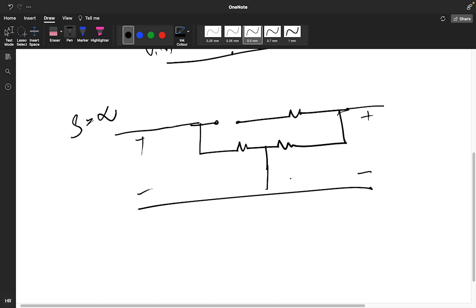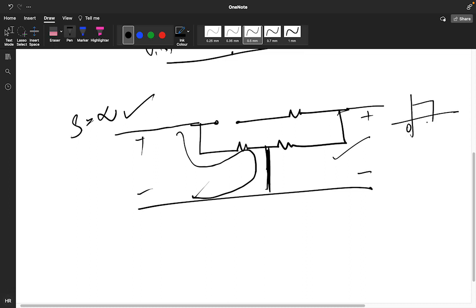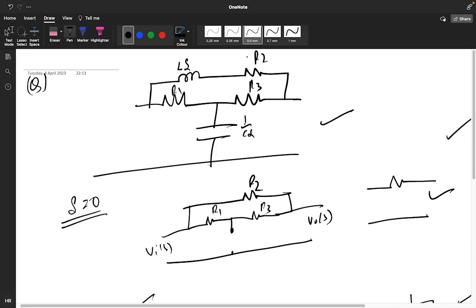So at high frequency, the signal will deviate from here only. It won't go that side because it has a short circuit path here. So no current will flow, which means your voltage will be 0. So you get output from 0 to some cutoff frequency, and at high frequency you will not get the value. So this is just a low pass filter.